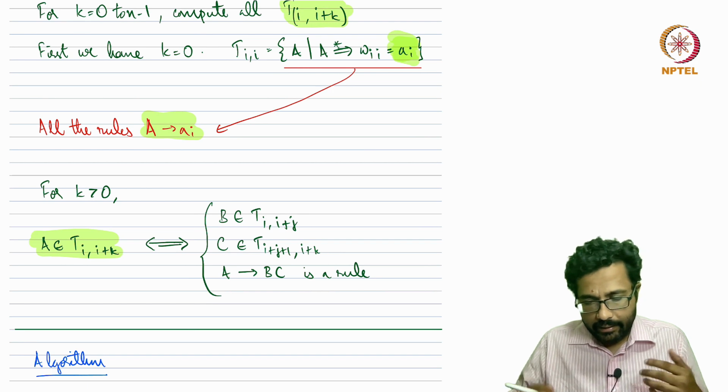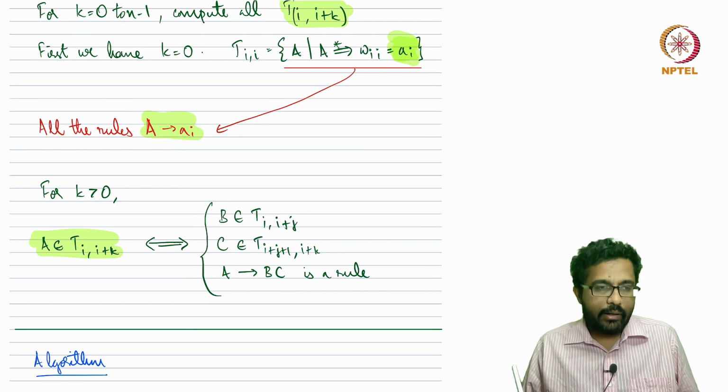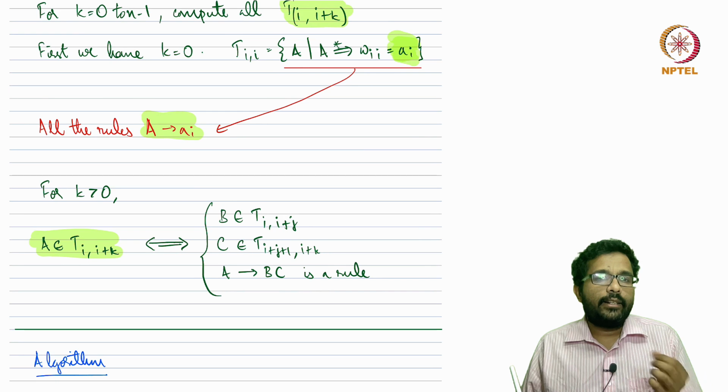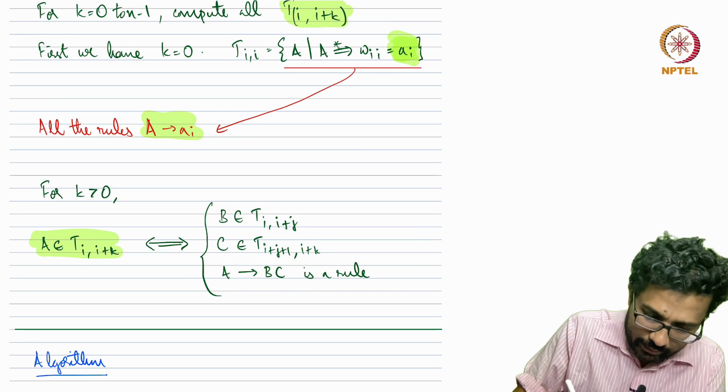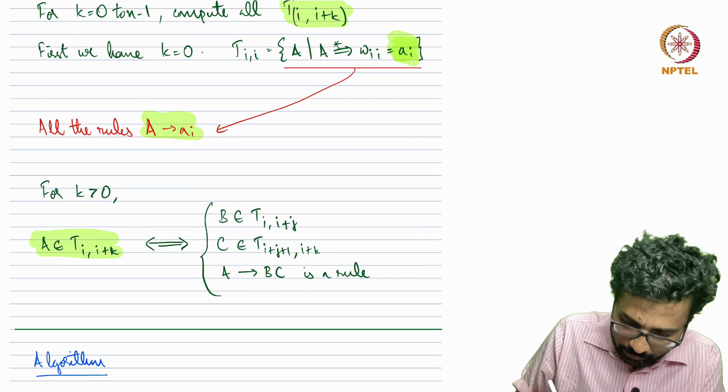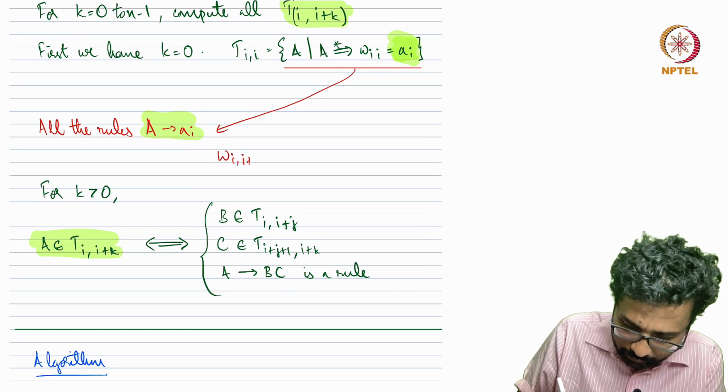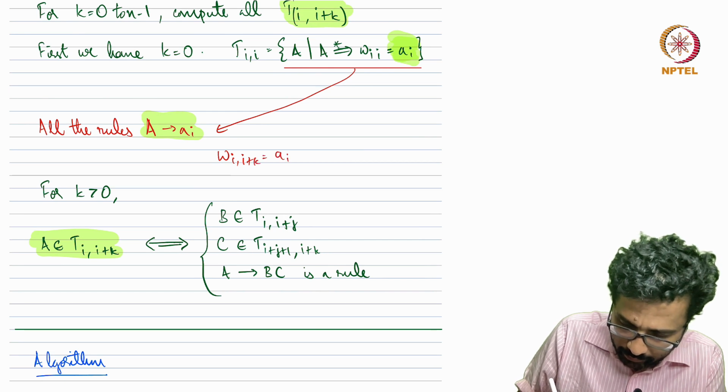So the way it works out is the following. A has to derive the string W i plus k, which is A i plus 1 and so on.